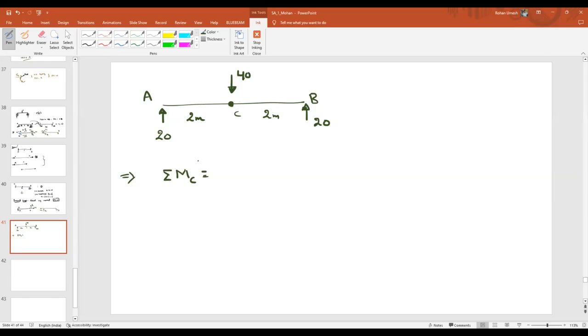Here, let us say that you are considering clockwise as positive. For clarity, if there is a clockwise moment, consider it as a positive one. Okay, 20 into 2 minus 20 into 2.